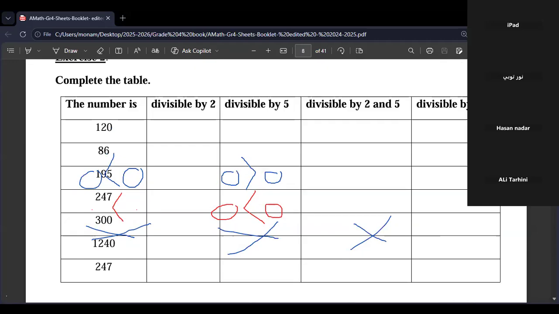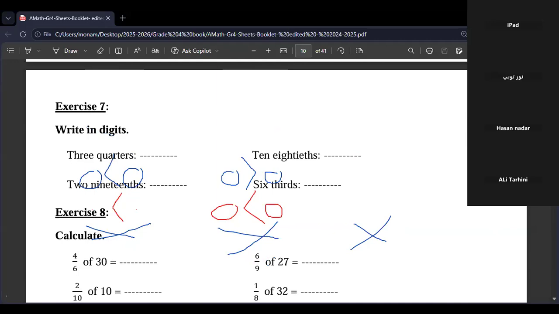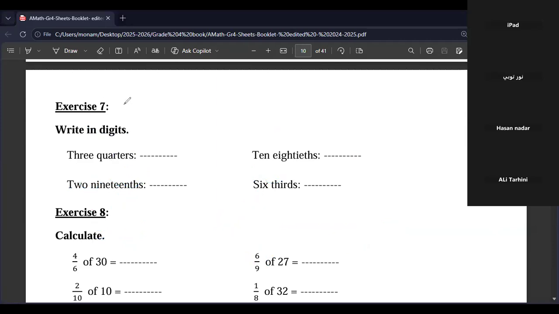In the booklet, the homework, exercise number 7. Write in digits 3/4. What is the 3/4? 3 over what? 3/4. Over 4.